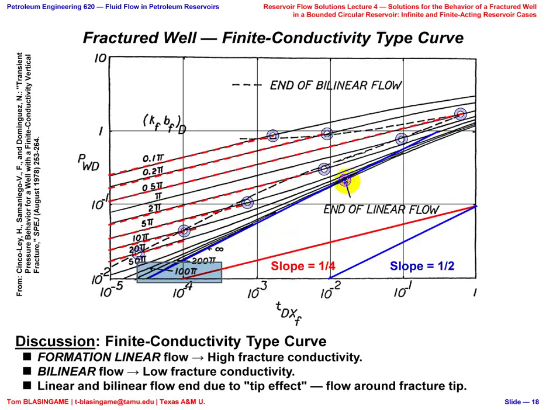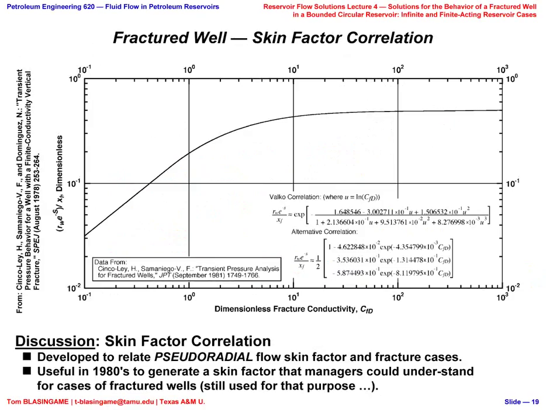So somewhere around here, I think we used to say 0.02 was the end of linear flow, and there's a huge transition before radial flow, but that would mark the end of linear flow. And that, of course, is also where the tip effect occurs. So, any questions about that? Probably not, I guess. Okay.